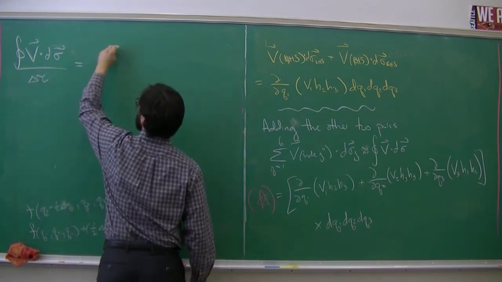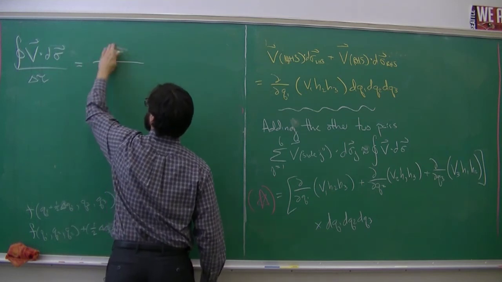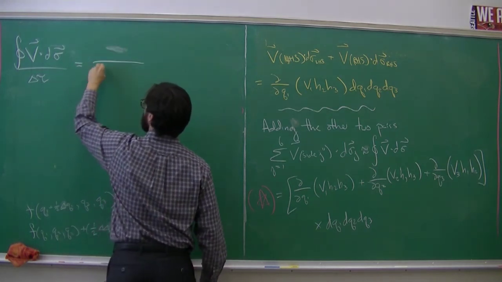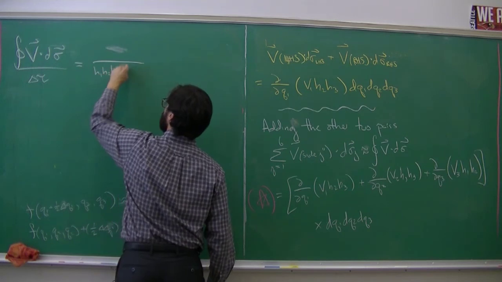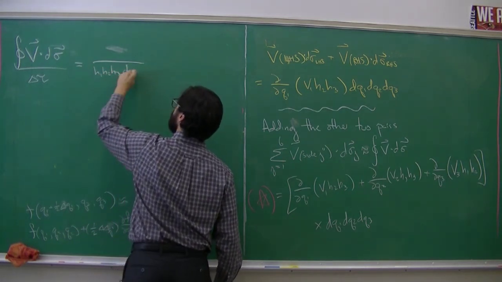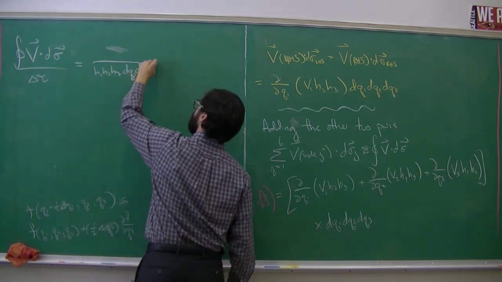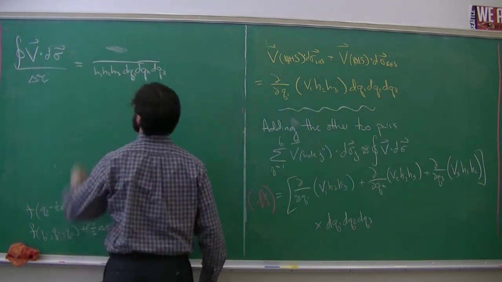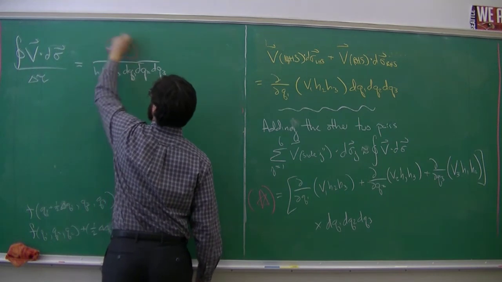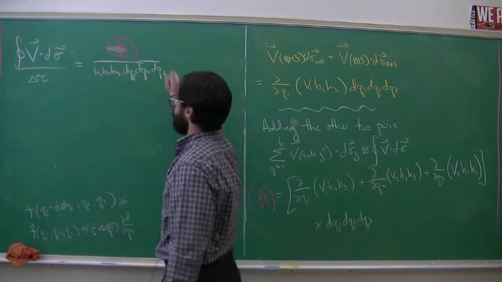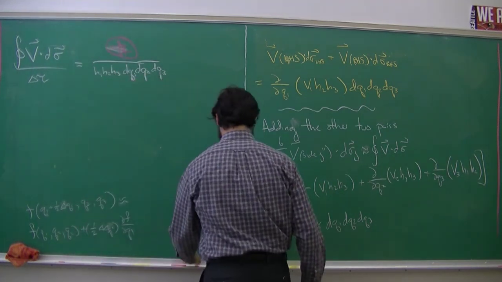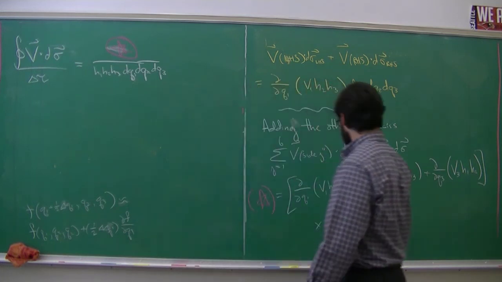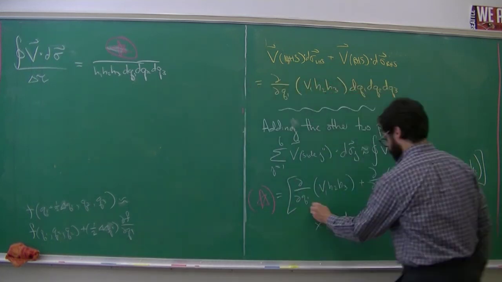Equals. So that upstairs and then that downstairs, that's our little piece of volume element. The q's are going to go away and the scale factors are going to remain.